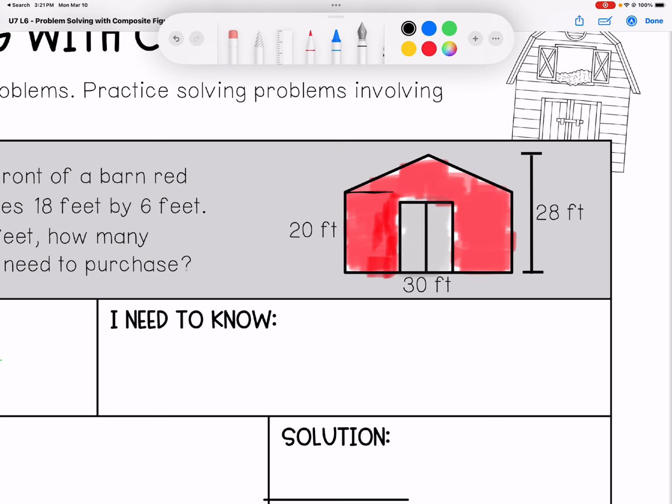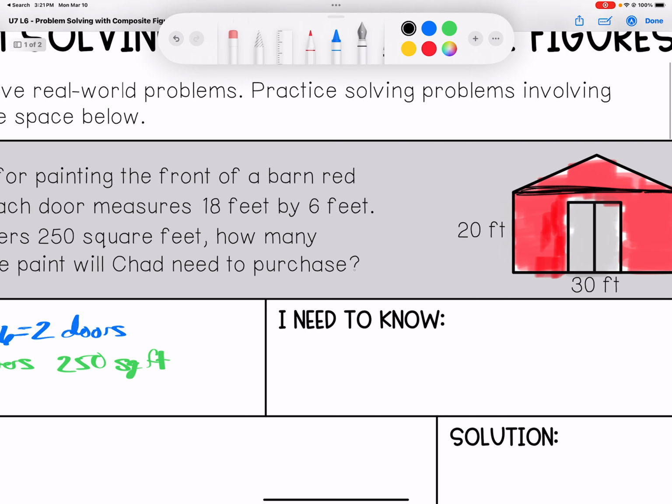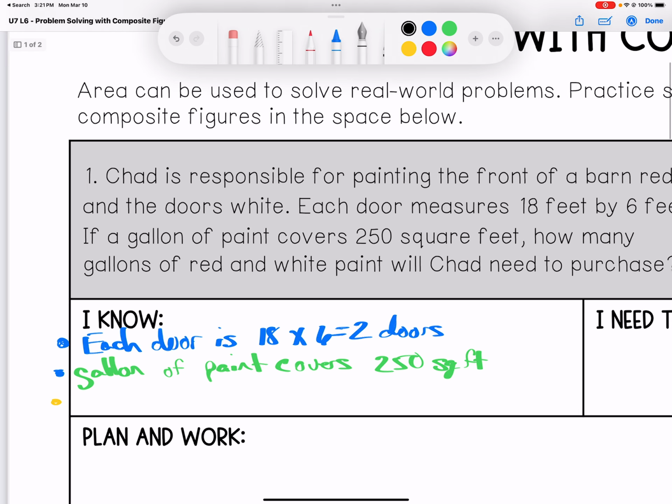I know that I have a rectangle and a triangle for the barn. My rectangle for the barn is base times height, and the base is 30 times the height is 20.